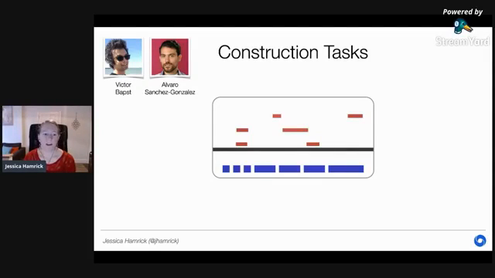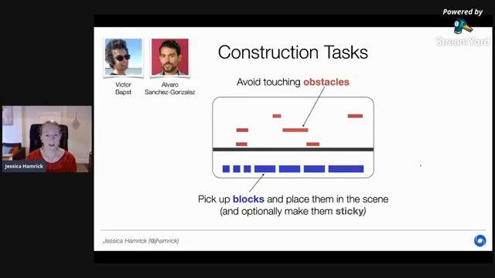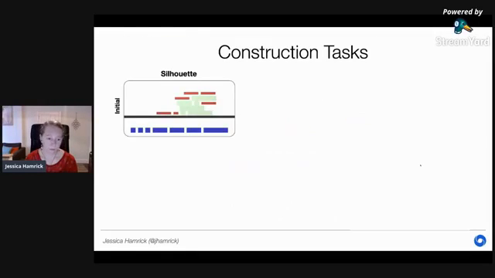So to this end, we designed a series of tasks in which the agent sees a scene that looks like this, with a set of blue blocks below the floor here and some number of red obstacles above the floor. So the agent's job is to pick up the blocks and place them into the scene, avoiding the obstacles as it does so. And the agent can also choose to make the blocks sticky. So you can think of them as being dipped in glue or something like that. And that'll cause them to stick to any other blocks or obstacles that they come in contact with.